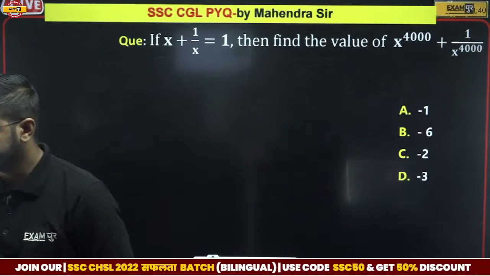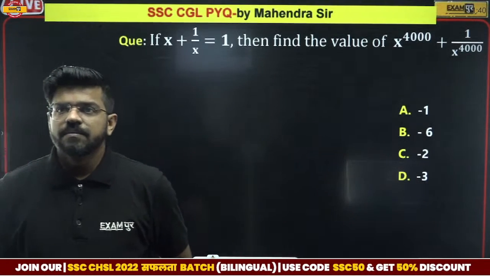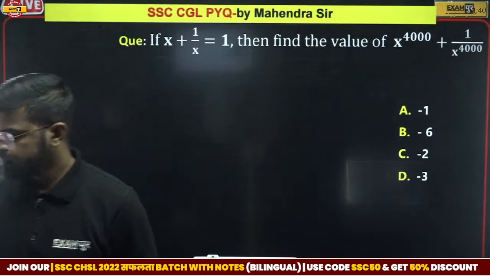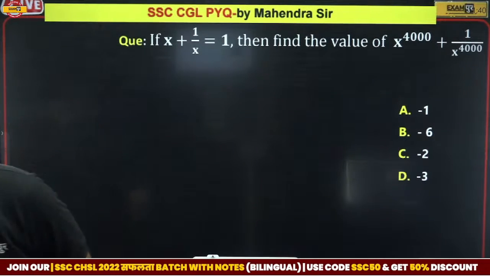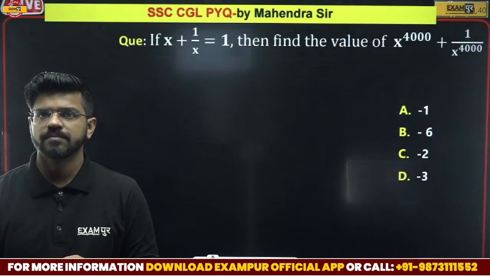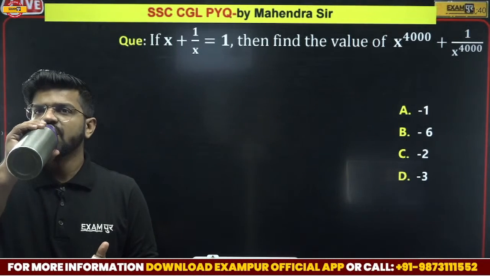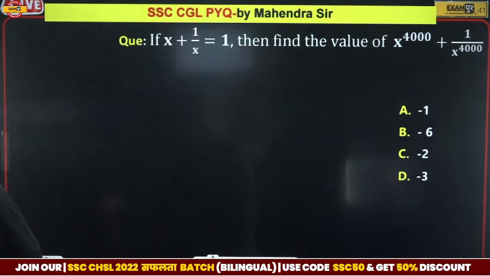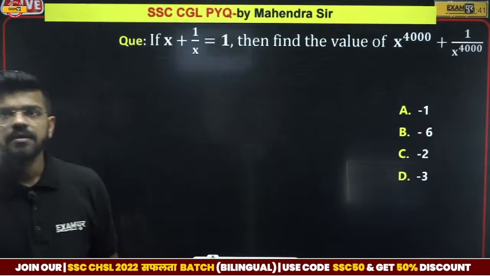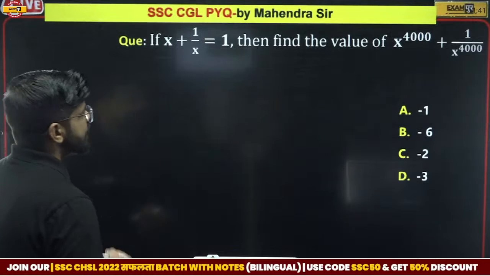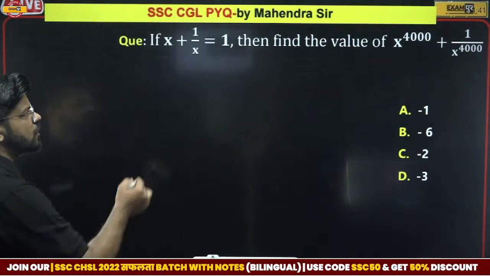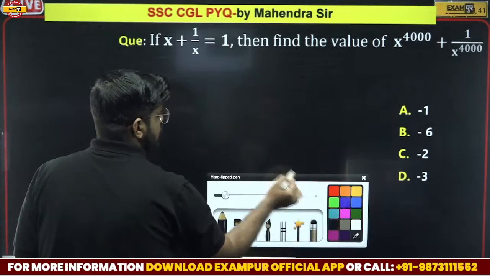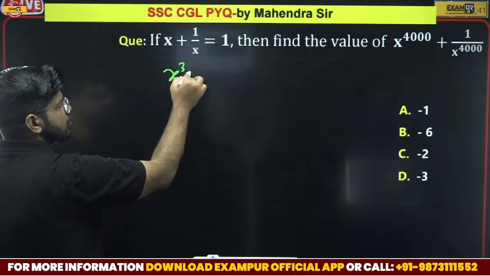Tell me the answer for this question. So if x plus 1 upon x is equal to 1, then we know that x cube is equal to minus 1.